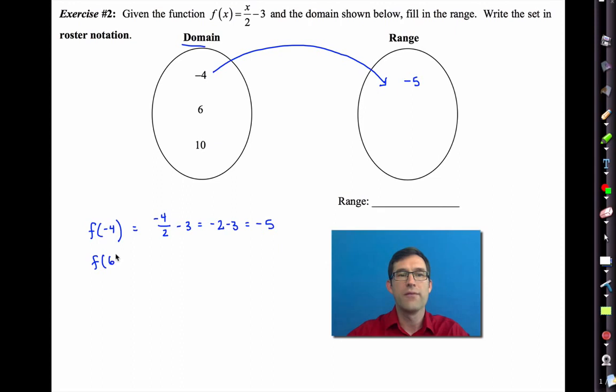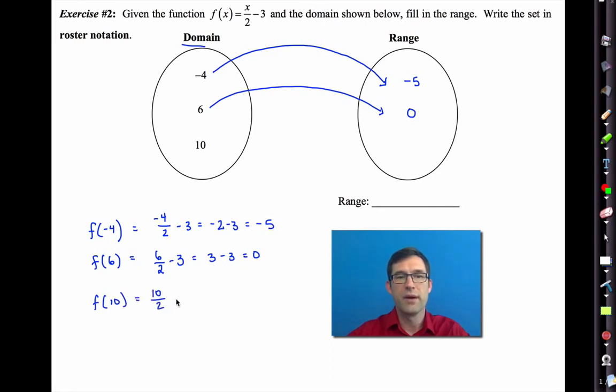If I then do f of 6, that's going to be 6 divided by 2 minus 3. That's 3 minus 3, and that gives us an output of 0. So I show this. And finally, if I do f of 10, I'll get 10 divided by 2 minus 3, gives me 5 minus 3, and that gives me 2.